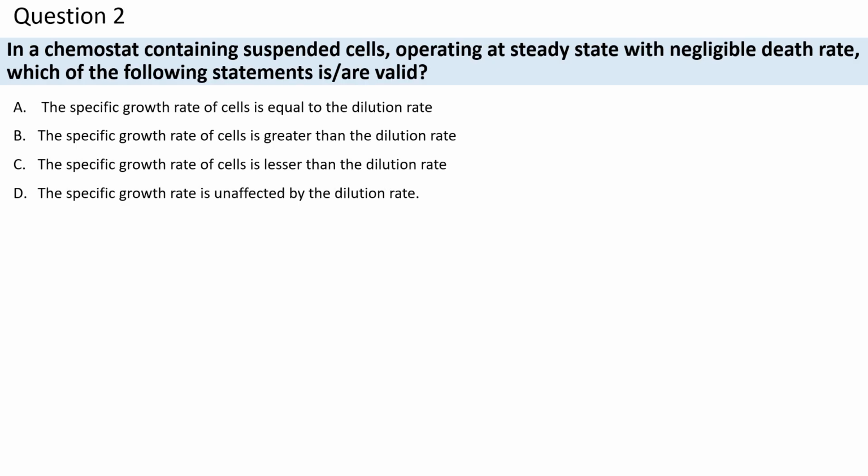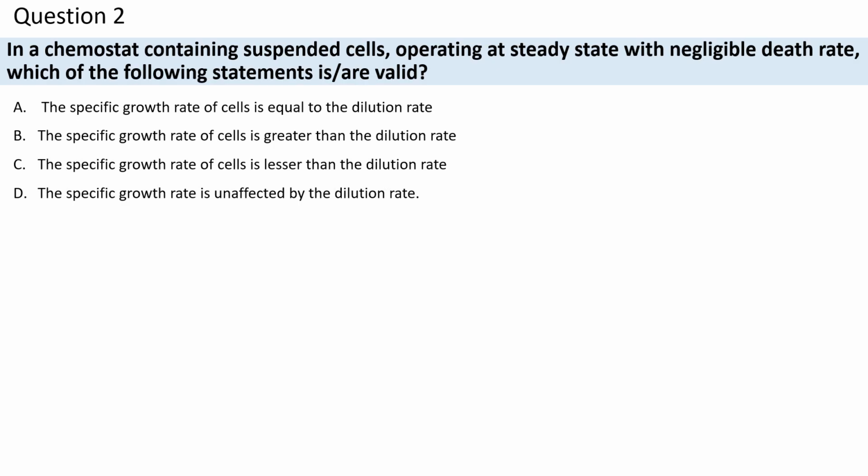In a chemostat containing suspended cells operating at steady state with negligible death rate, which of the following statements are valid? The specific growth rate of cells is equal to the dilution rate. The specific growth rate of cells is greater than the dilution rate. The specific growth rate of cells is lesser than the dilution rate.